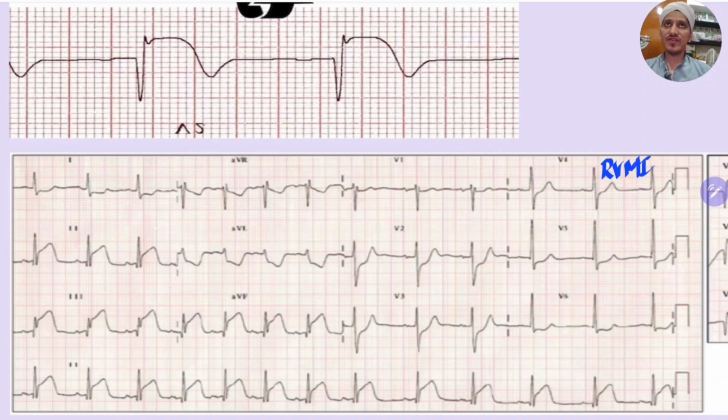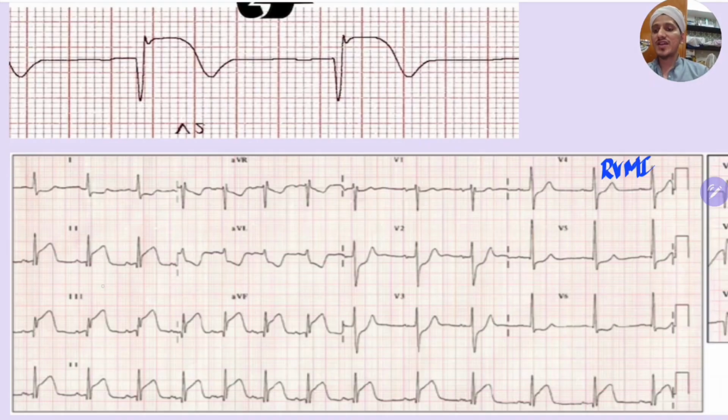What are the right leads? V1, V2, you will see the changes, but in the opposite manner. Remember, it is a right ventricular MI, but what you are seeing in the leads, we will go through the regional patterns of leads.